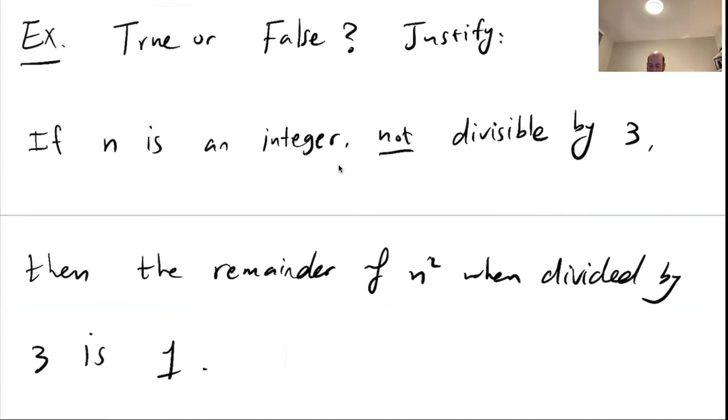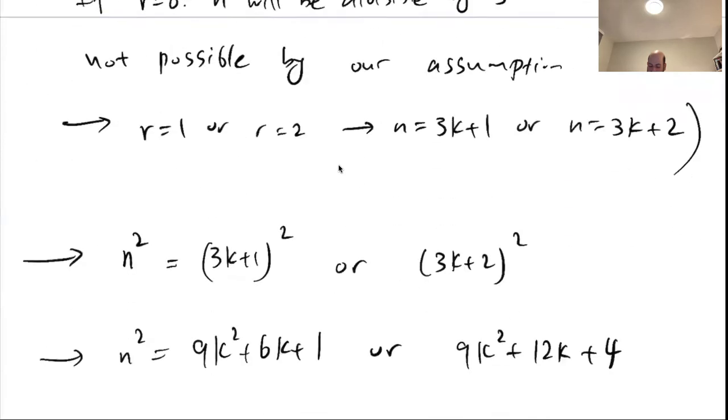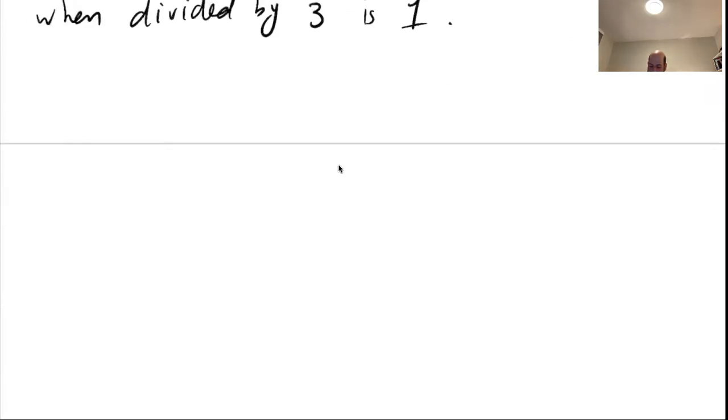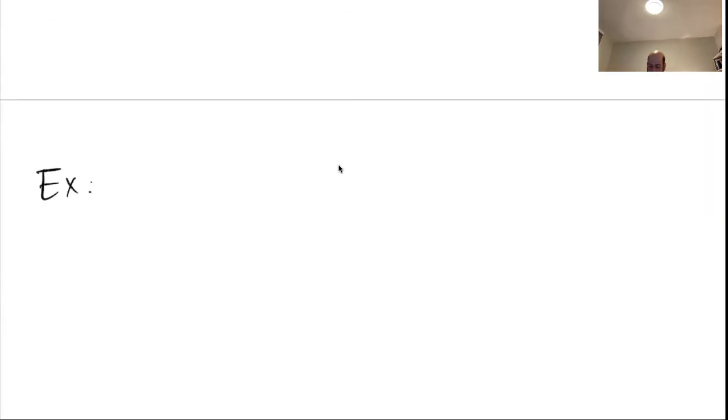What if I remove the part that says not divisible by 3? Do you think the statement is still true or false now? Let's look at this example. Again, true or false. Justify.